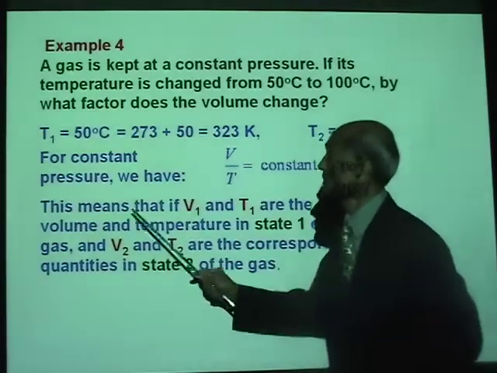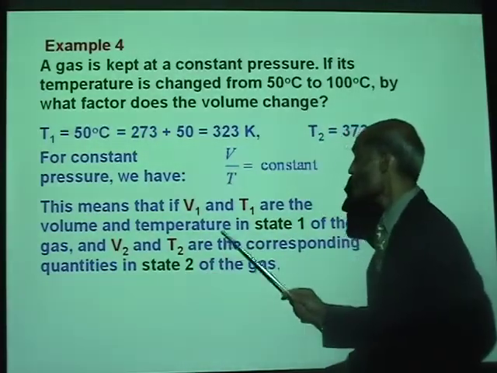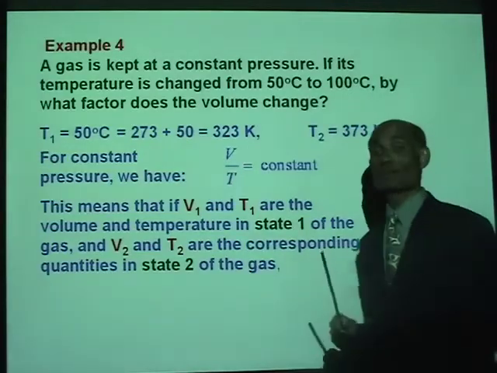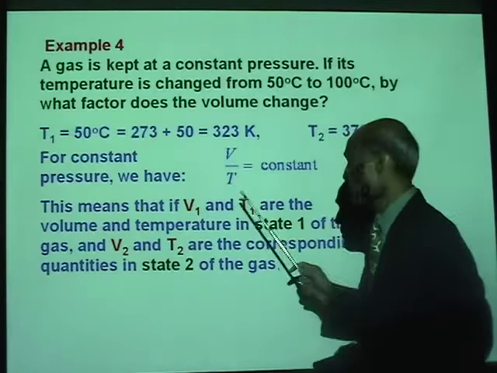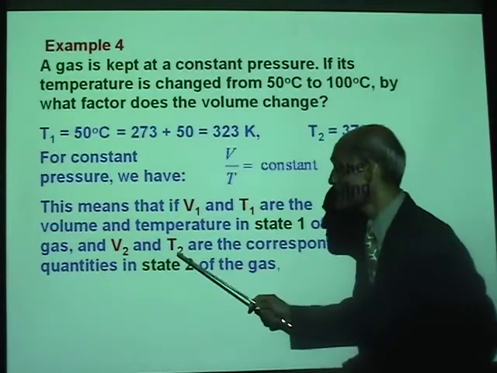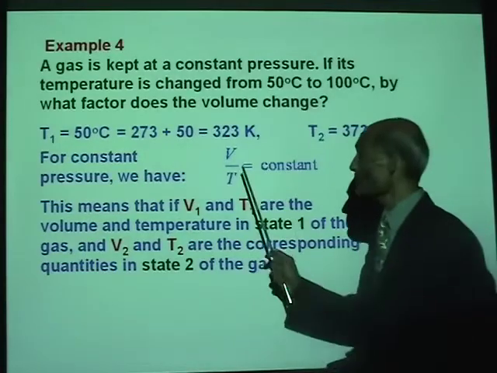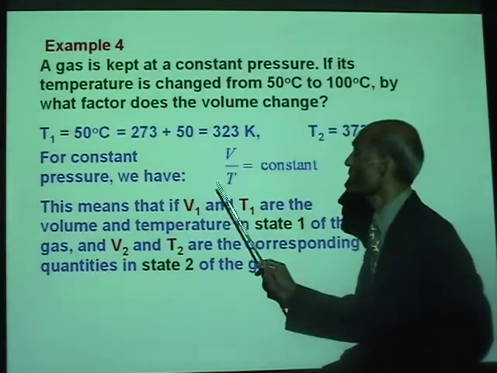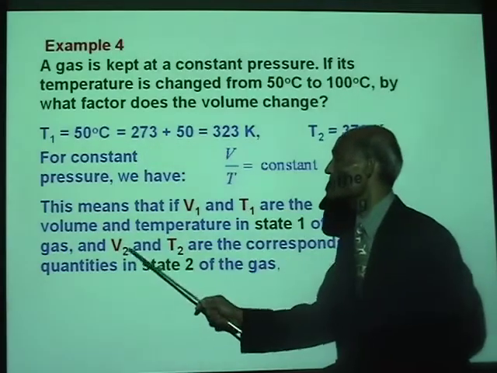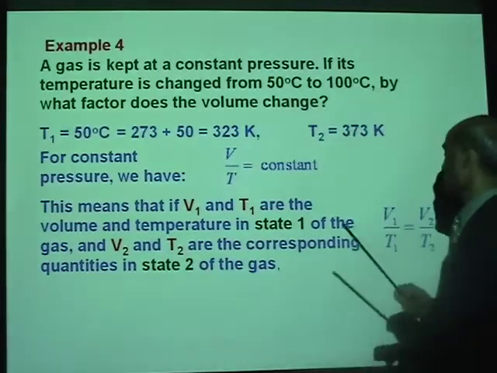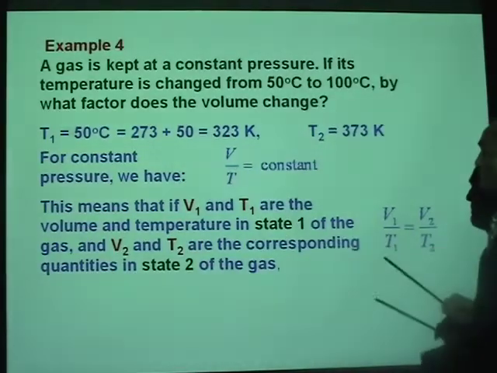It means that if V1 and T1 are the volume and temperature in state 1, and V1 changes to V2 when temperature T1 changes to T2 in state 2, what will this equation then lead us to? It will give us V1 divided by T1 equal to V2 divided by T2. That's right.